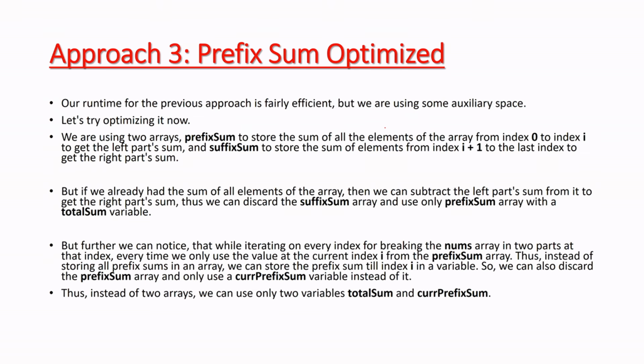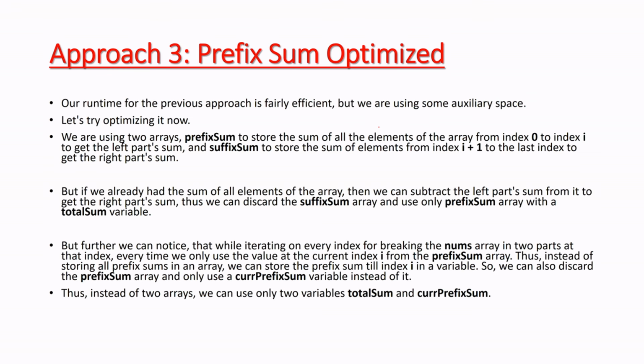So next approach, in which we will optimize the prefix sum approach. The previous approach is fairly efficient, but we are using some auxiliary space. Let's try to optimize it now. We are using two arrays: prefix sum to store the sum of all the elements from index 0 to index i, to get the left part of the sum, and suffix sum to store the sum of the elements from index i plus 1 to the last index, to get the right part of the sum, correct?